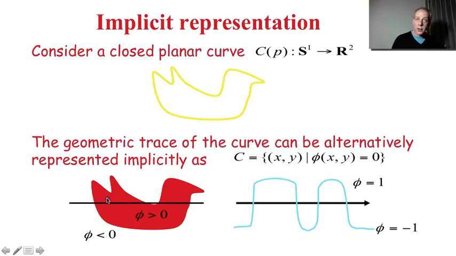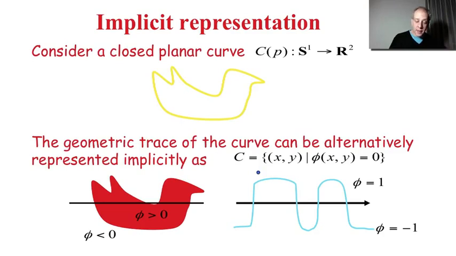Now, which are the points that belong to the curve? This point, basically the 0, this point, and this point. Every time the profile of phi crosses 0, that point belongs to the curve, or to the surface if we are in higher dimensions.